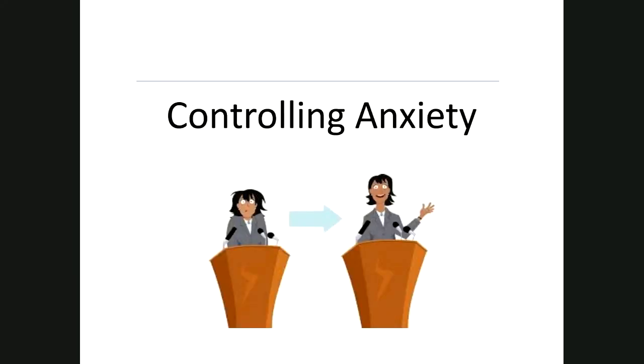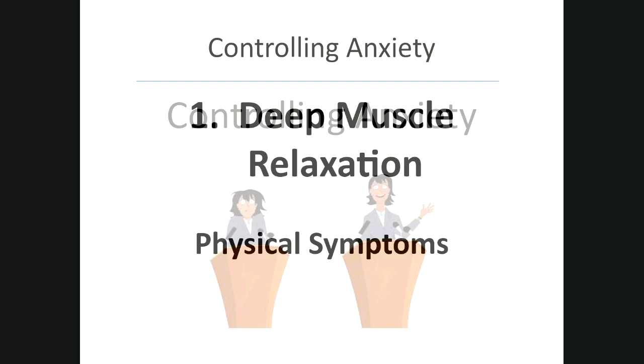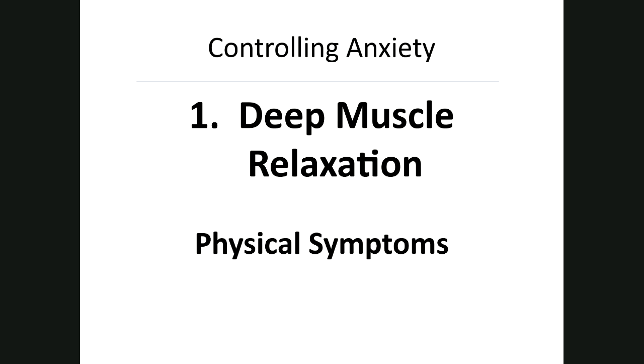So, how do we control our anxiety? How do we go from fear of speaking to confidence? Some things you can try is deep muscle relaxation, and that helps you with physical symptoms. Okay, deep muscle relaxation.